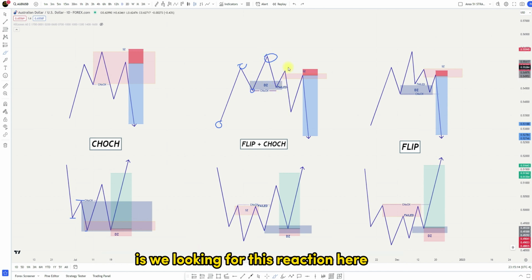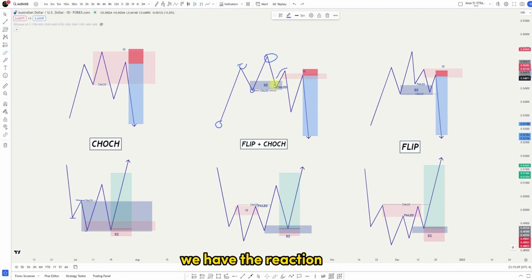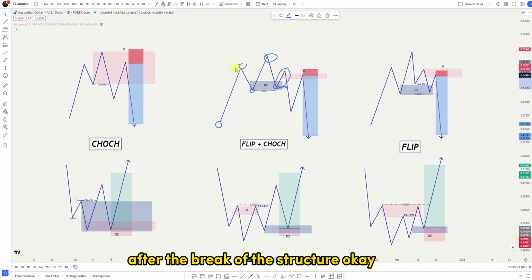Now what we're looking for is this reaction here. This reaction is what validates whether this demand zone is strong enough to hold the price or not. So here we have the reaction after price came back to the demand zone after the break of structure.